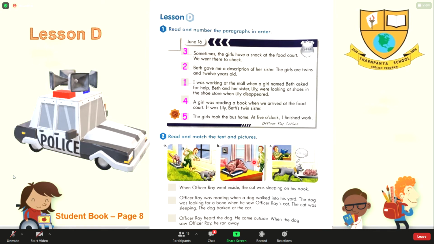Officer Ray went inside, the cat was sleeping on his book. Okay, so the first description, B. All right.